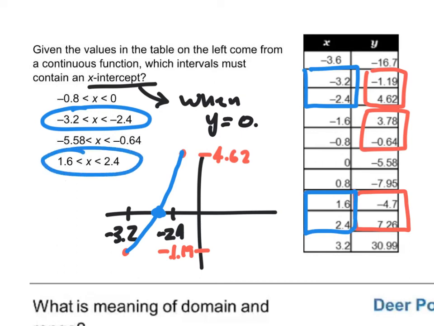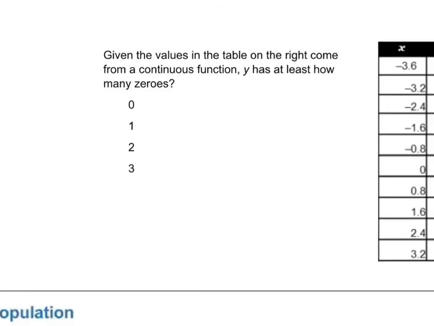So both of those would work. So you're looking for when y equals 0, and if you're looking at a table of values, where do your y values go from positive to negative or negative to positive?